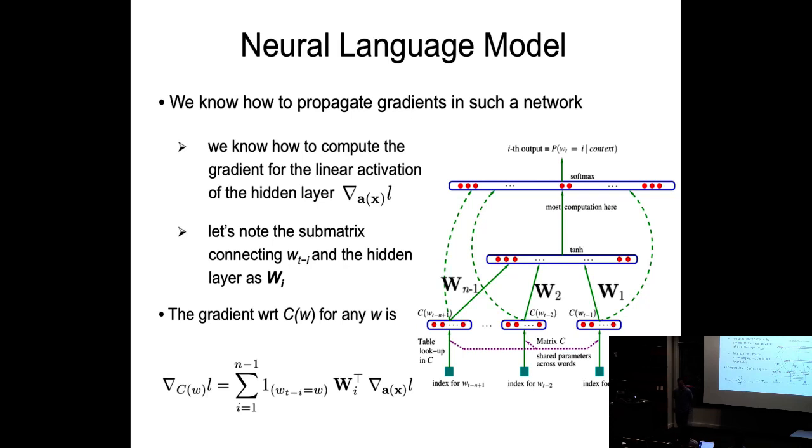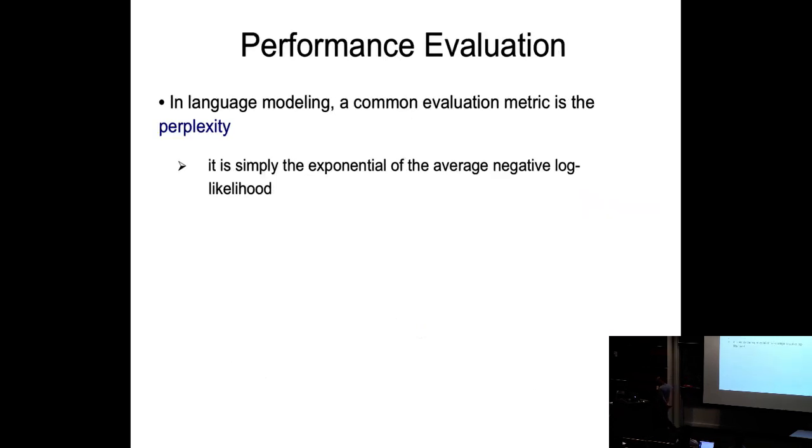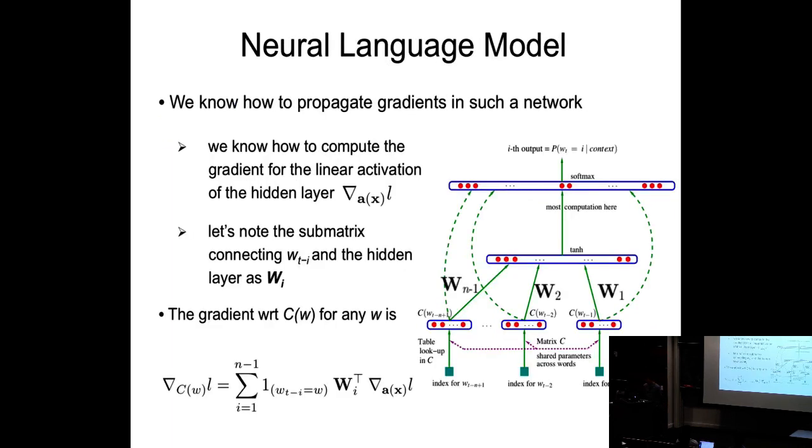Yes? I'm just curious to know how big the data set for training should be in order to get significant results, and also how the data set is formed. Yeah, it's a very good question. So how big are the data sets to learn this thing? It's actually kind of funny because this work was done back in 2003, and I think they used Penn Treebank, which is what you're going to be using for your homework, I believe, to train this version of the model.